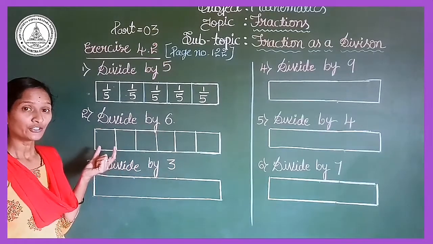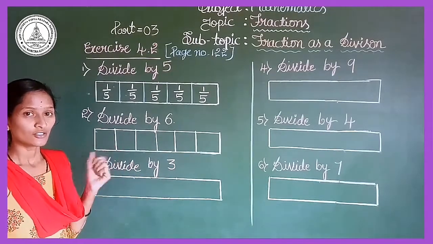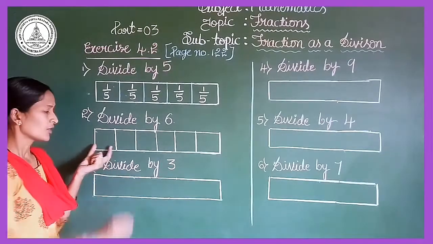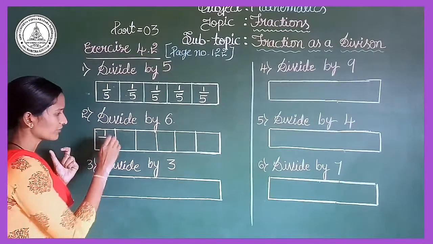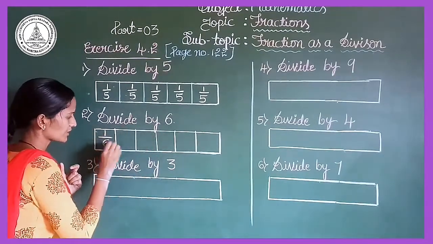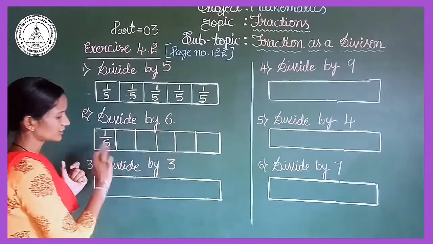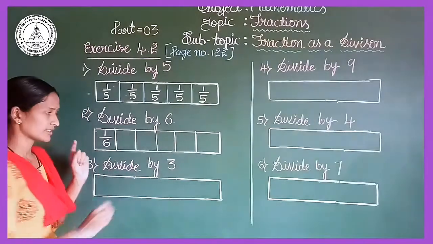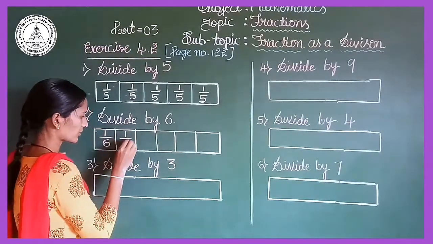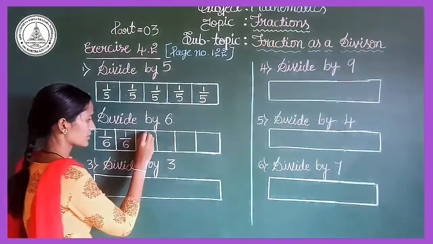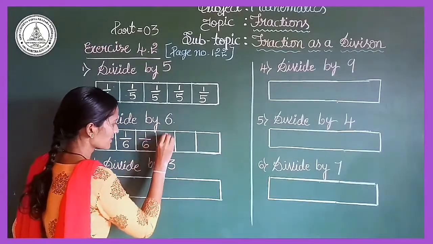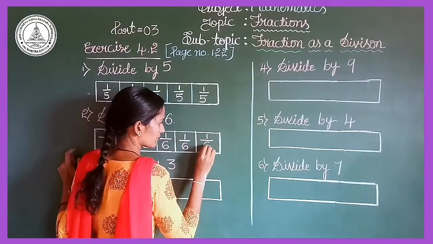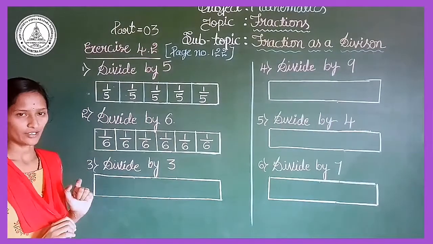In each part you write the fraction. So tell me the fraction of this part. That is 1 part out of 6 parts. The second one is also 1 part out of 6 equal parts. This is also 1 part out of 6 equal parts. So write down the fraction in each part.